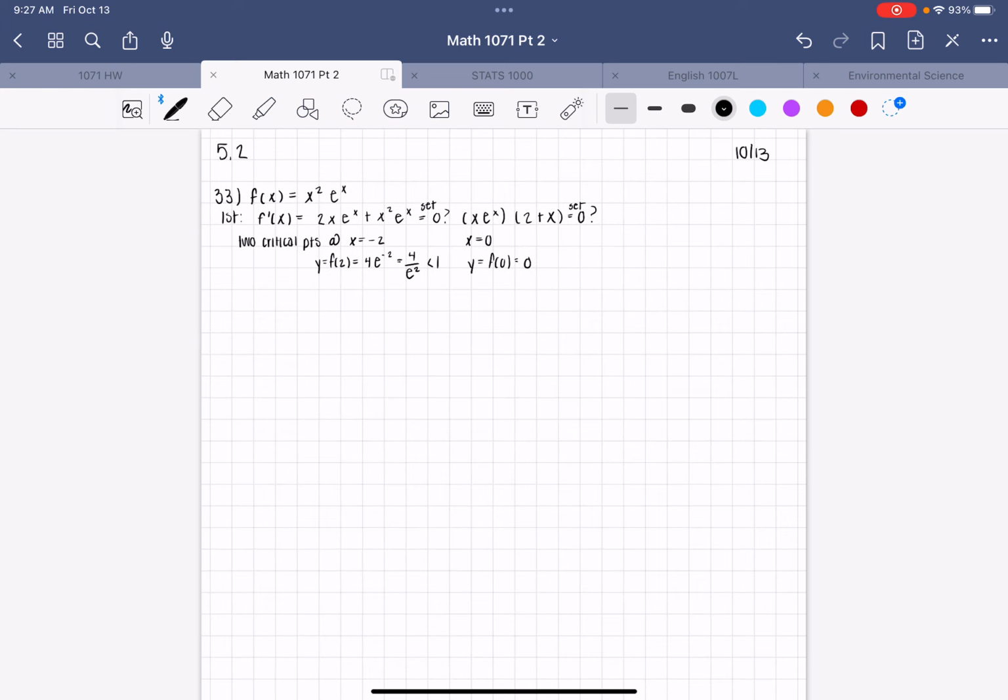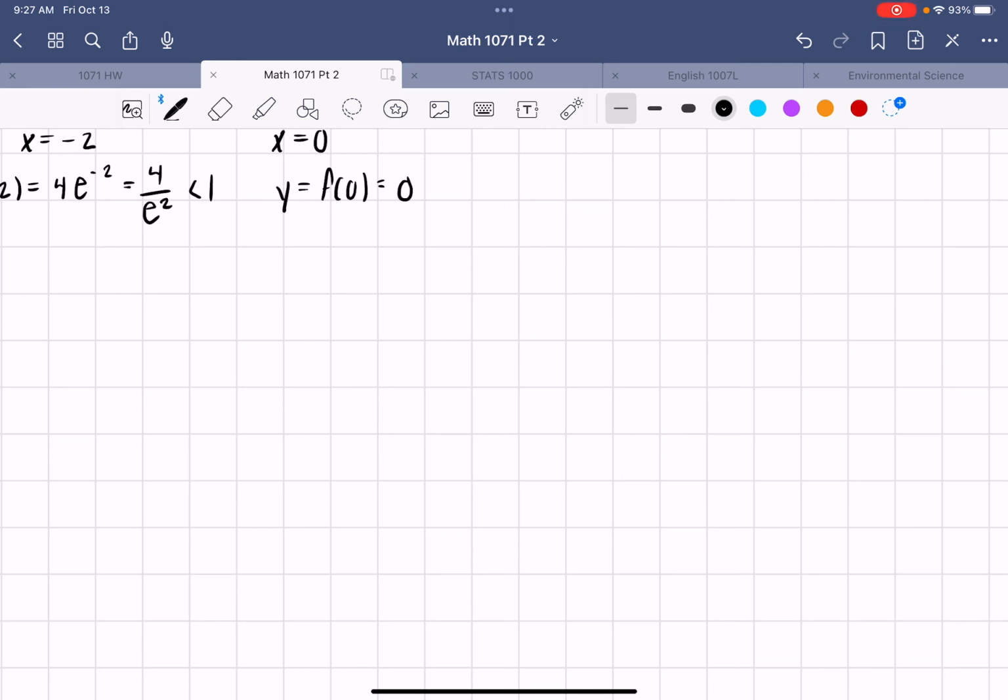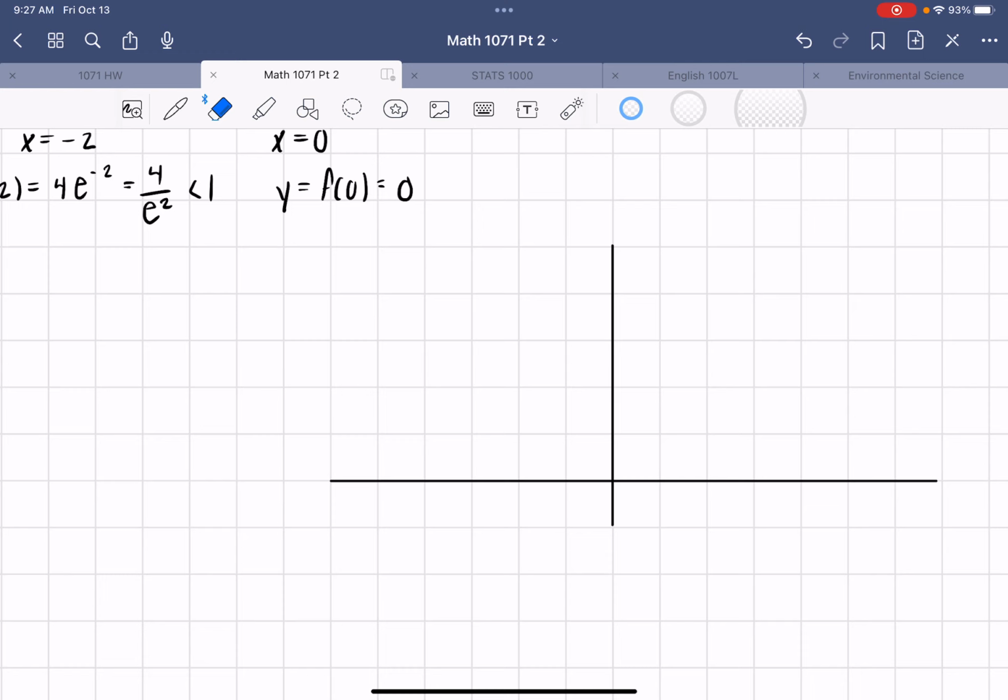Let's scale this: 1, 2, 3, 1, 2, 3, 1, 2. So here, when x is negative 2, y is a little less than 1, right about there.